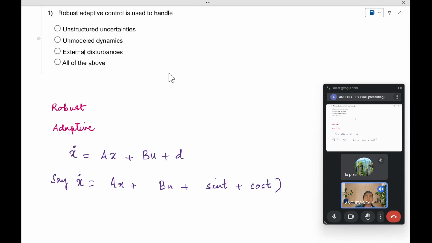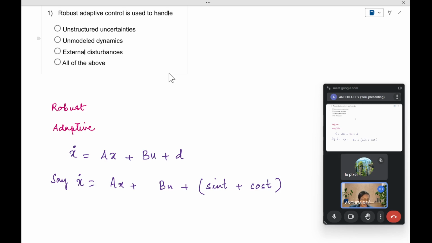Now in this model, this is a part which was inbuilt inside the model, and when you were trying to identify the system model, identification meaning to learn about the system dynamic parameters, it's possible that you might not know what structure lies inside d, but you have some idea.